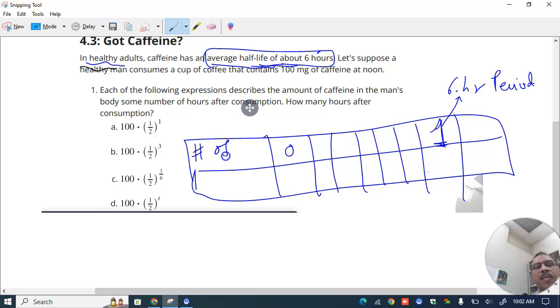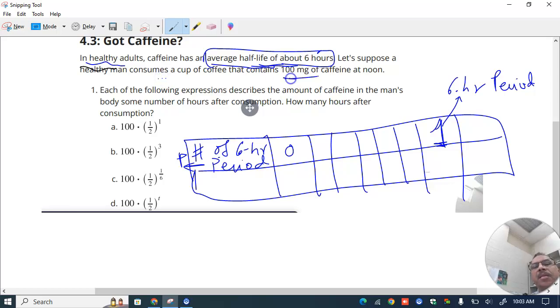This is the number of 6 hour periods, and you can also call this P. P stands for 6 hours. And this means how much amount of caffeine is in the body.